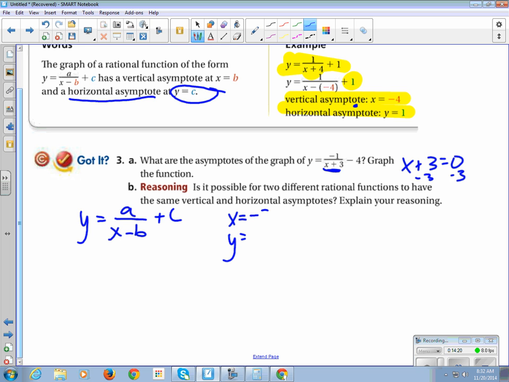So x equals -3 is my vertical asymptote. And whatever this value is here, that's our c value, that's our horizontal asymptote.